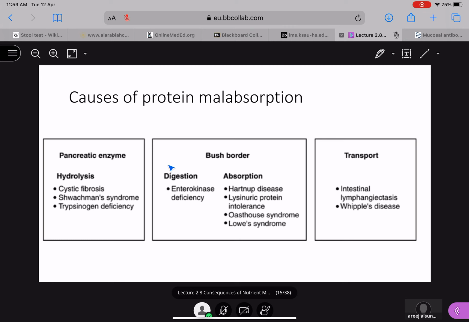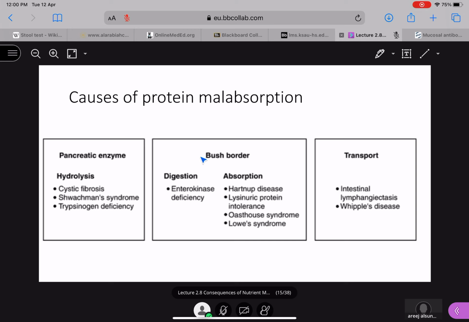Pancreatic enzyme deficiency is a very, very common cause of protein malabsorption: cystic fibrosis, Shwachman-Diamond syndrome, or if we have a brush border disorder. If we have enterokinase deficiency, as we said, it is important, because di and tripeptides need to be broken down to amino acid, which can be absorbed.